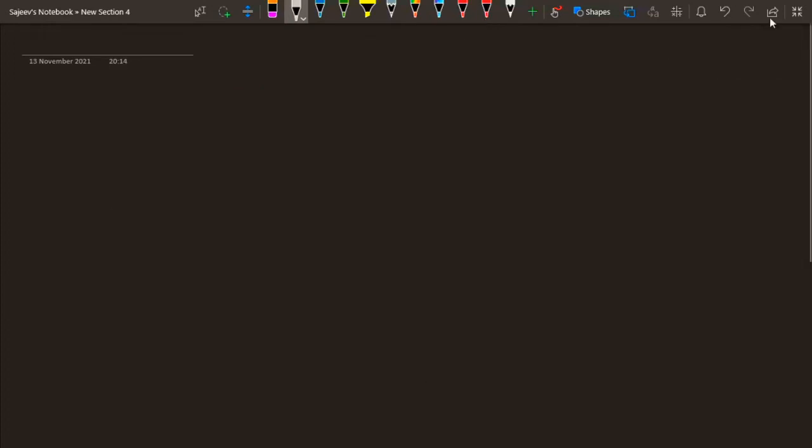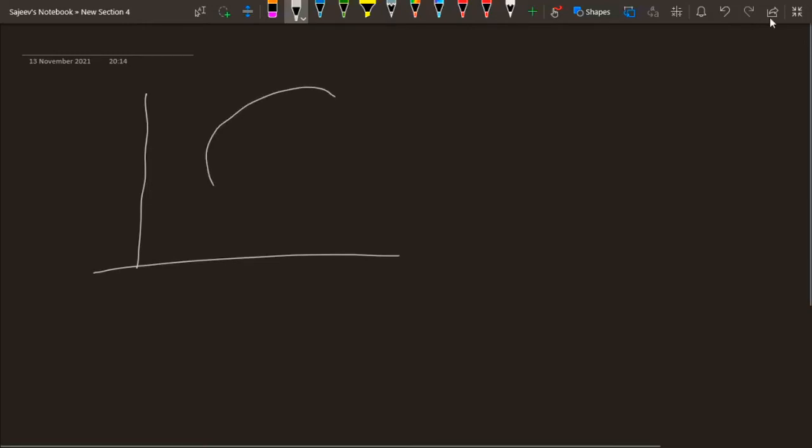Now let me give you an intuition of what we are going to do. We will draw the graph for MVT, and let's take a simple graph. This is my function f. This is a, this is b, and I am going to draw a line, and suppose this line makes an angle theta.